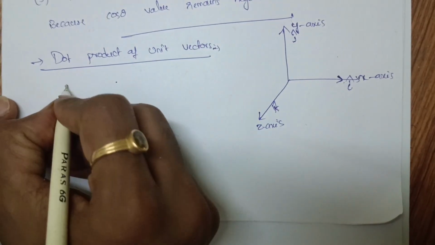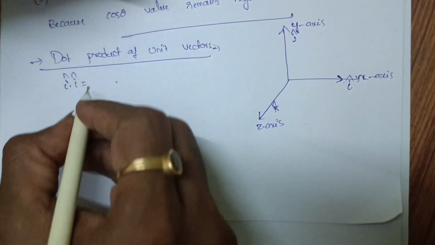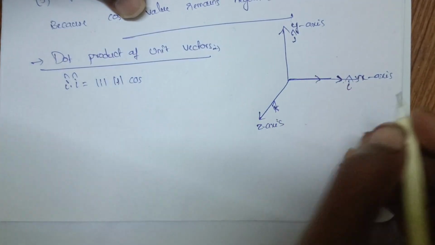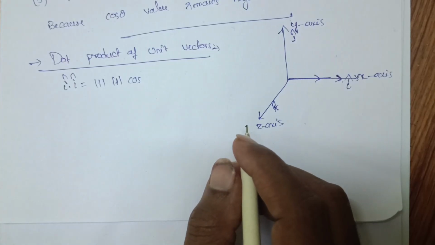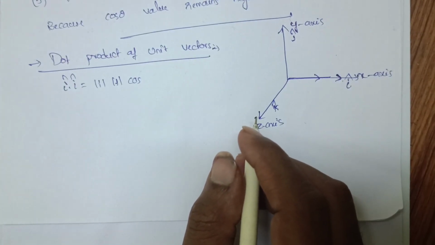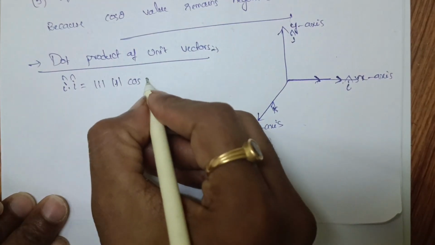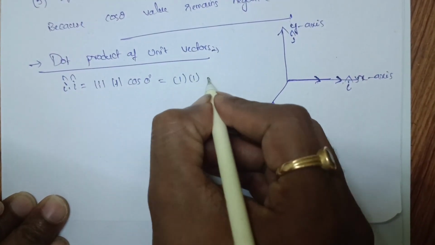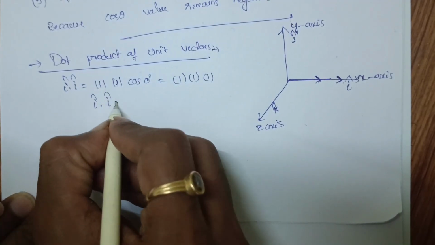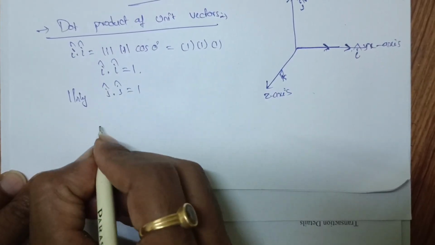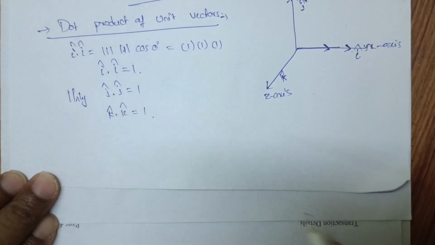Now here i dot i is equals to magnitude of unit vector is 1, 1 cos 0. i dot i means one i is lying on other i, that is one vector representing on the x axis is parallel to the other vector, so the angle between these two is 0 degrees, so this becomes 1 into 1 into 1, therefore i dot i is equals to 1. Similarly j dot j is equals to 1, k dot k is equals to 1.